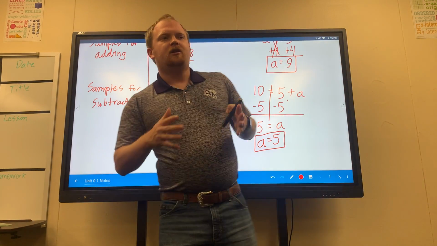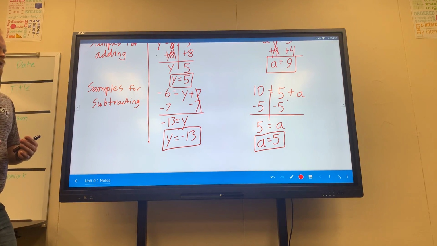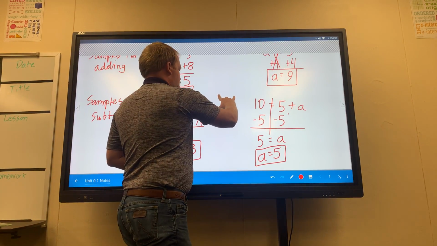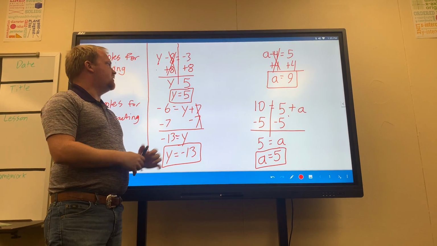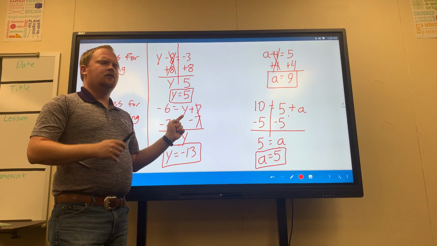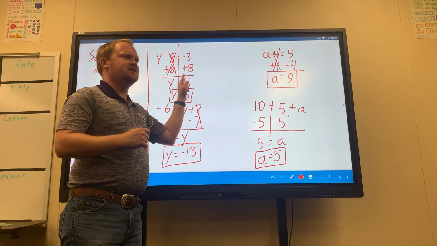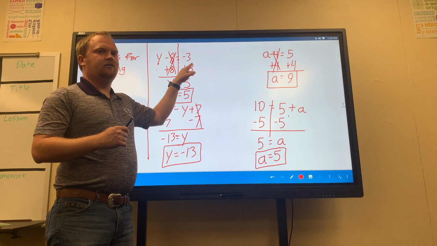So again, just to recap in your summary, you can write this in your own words, but the idea behind this is that you've got to do the inverse operation for each one. The inverse for subtraction is going to be addition. So if I'm subtracting, I've got to add to both sides.